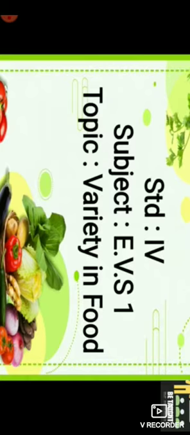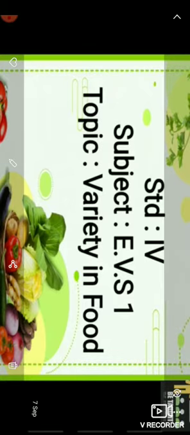We have 3 seasons: the rainy season, winter and very hot summer. In the 4th lecture we have studied the storage of water, the old water stores, then modern water stores. In the 5th chapter we have seen water for every household, and now we are looking at variety in food.